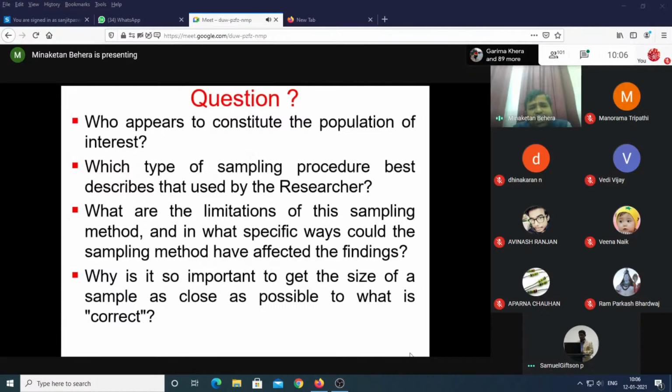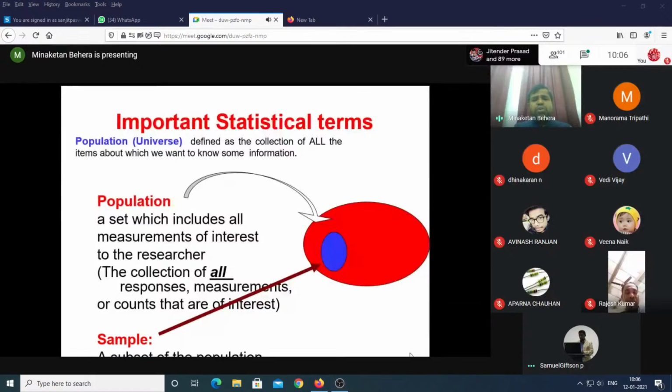Technically, there are two types of sampling procedure: probability sampling and non-probability sampling. I am just summarizing, and I will explain each term in detail.